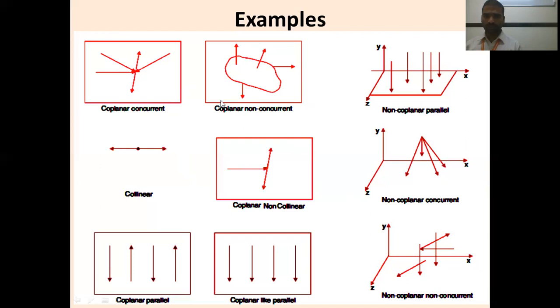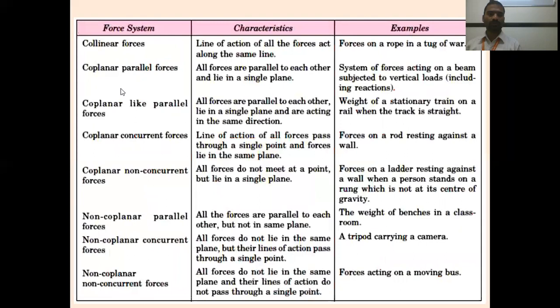When you look at the figure, you will clearly identify which type of force system it is. By looking at the figure, you have to read the definition of all the force systems. First, write collinear force system: the line of action of all the forces acts along the same line.